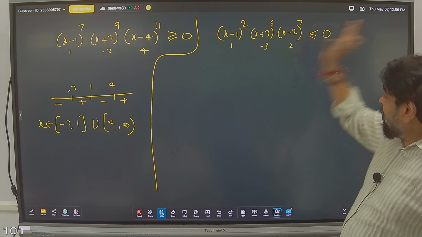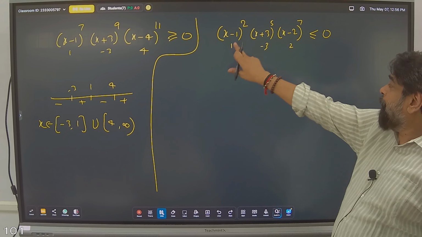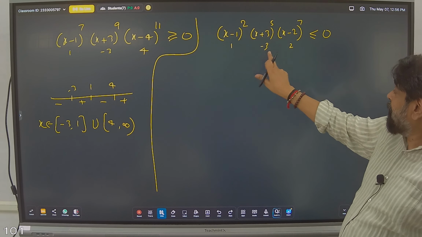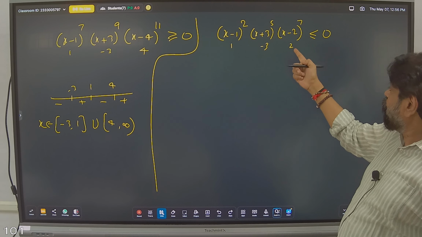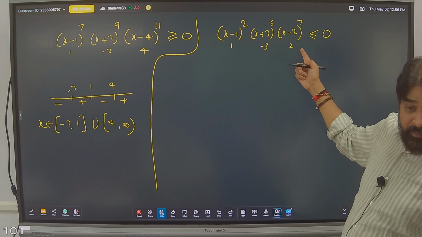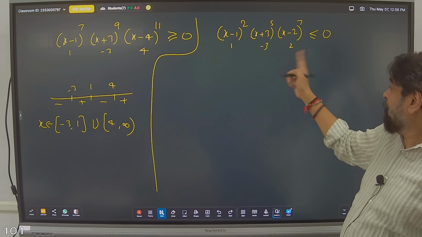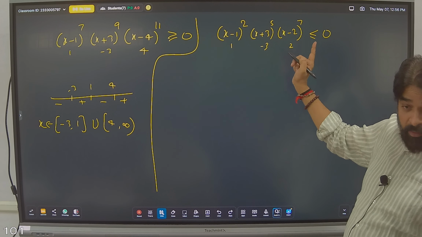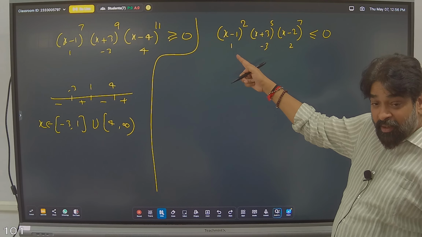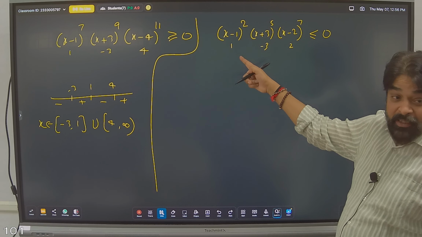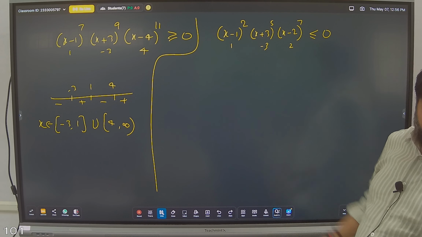Now, break into linear factors, we did in the mind. The critical point of this bracket is 1, this is minus 3, this is 2. 2 is repeated how many times? So it's a normal critical point, don't bother about it. Minus 3, normal. 1, two times, so it's a repeated critical point.